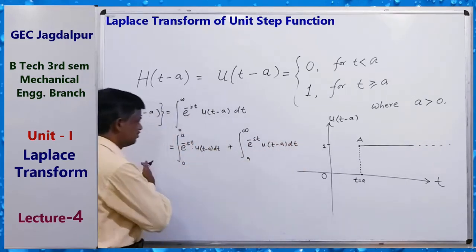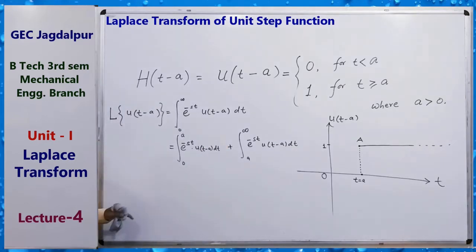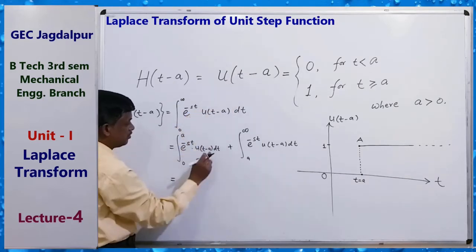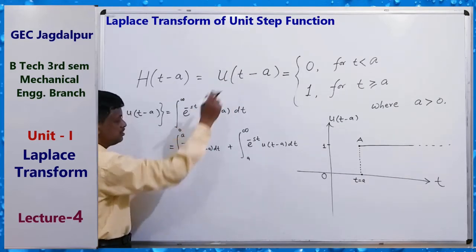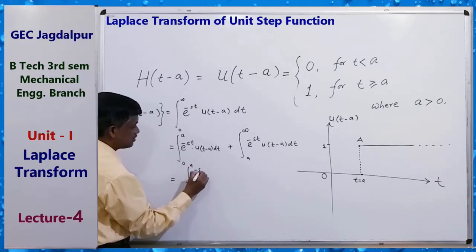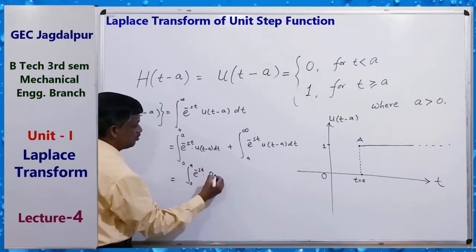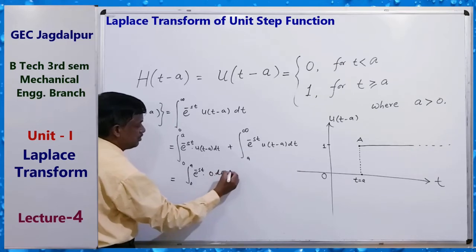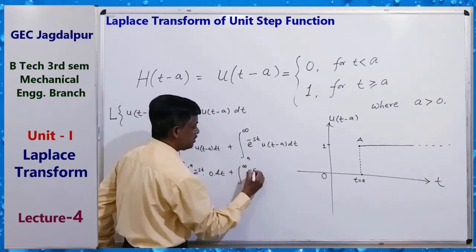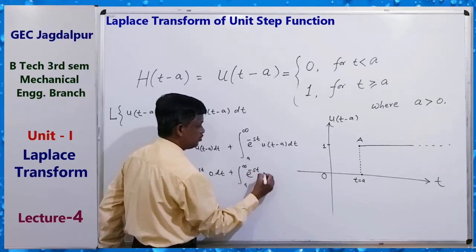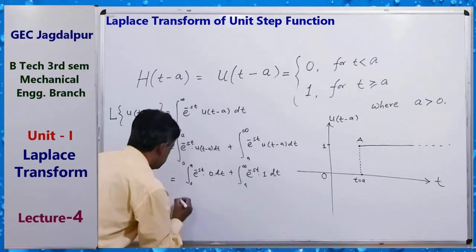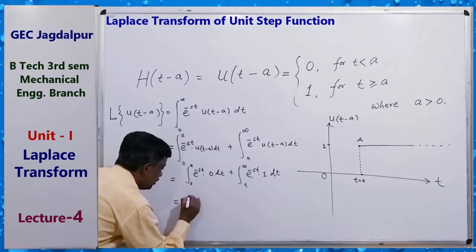We just divide this interval in two parts. In the first part, from 0 to a, the value is 0. So the integral from 0 to a of e to the power minus st times 0 dt plus the integral from a to infinity of e to the power minus st times 1 dt. So this is equal to what?